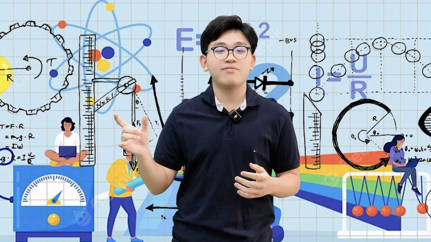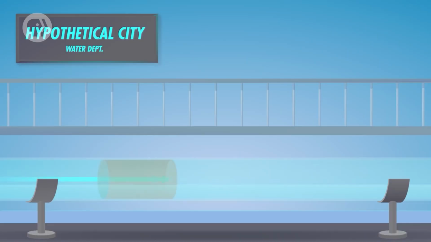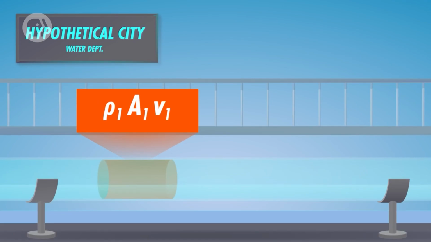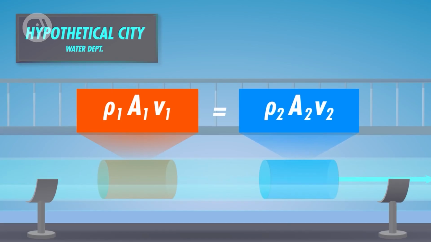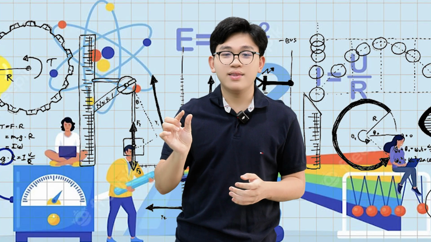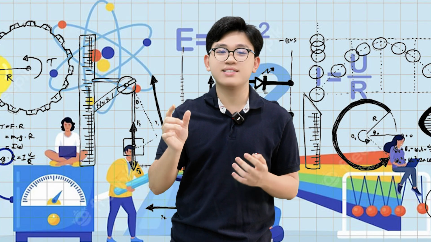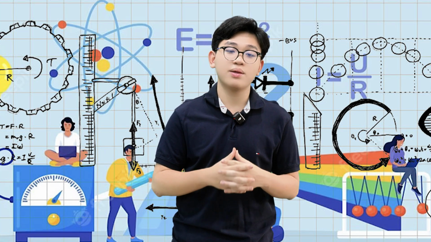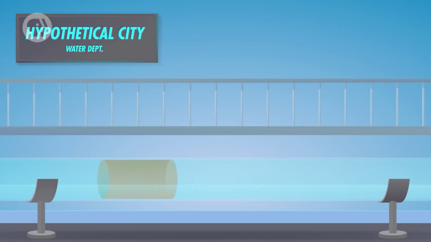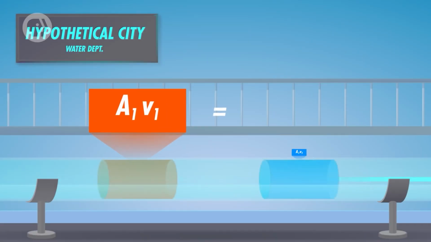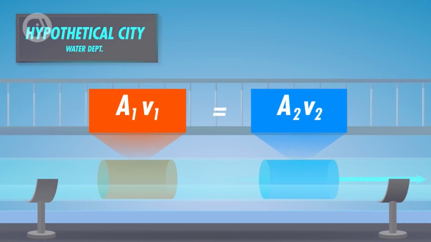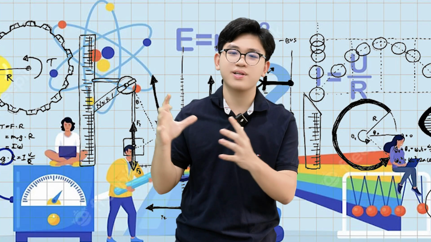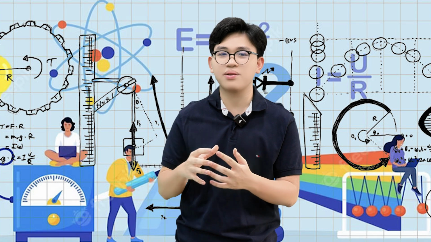It tells us that the velocity of the fluid times the area of the pipe will always be the same throughout the pipe. What does this mean in simple terms? Well, if the pipe gets narrower, the fluid has to move faster to give the same amount of mass flowing through the pipe. But wait, there's a twist. A fluid that's moving faster has less pressure on the walls of the pipe than a slower moving fluid.